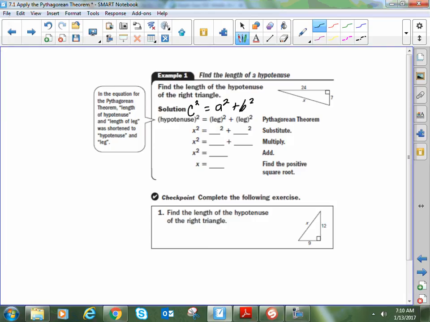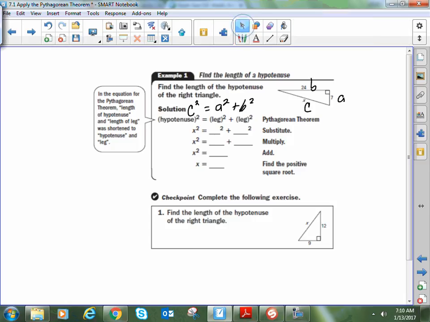Just so you understand how I look at things, and this is specifically how I look at it, not the way math says it has to be done: if I have legs that are different lengths, I am pretty much always going to look at the short leg as being side A and the longer leg as being side B. The hypotenuse is always going to be C. I could say that the long leg is A and the short leg is B, and that's fine. The main thing you have to remember is that the hypotenuse is always going to be considered the C variable.